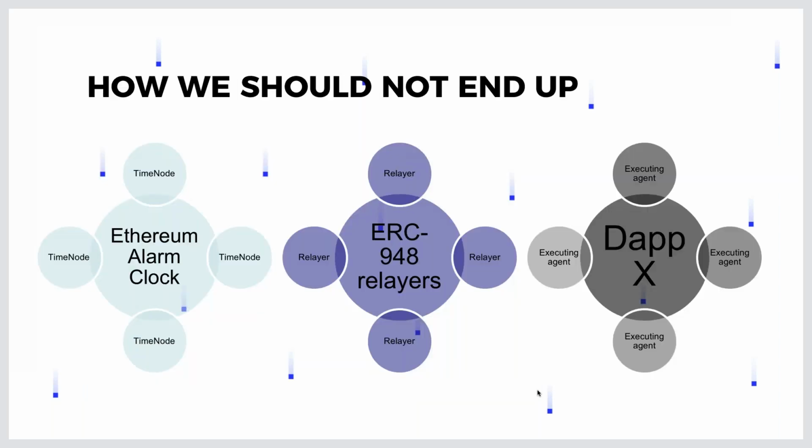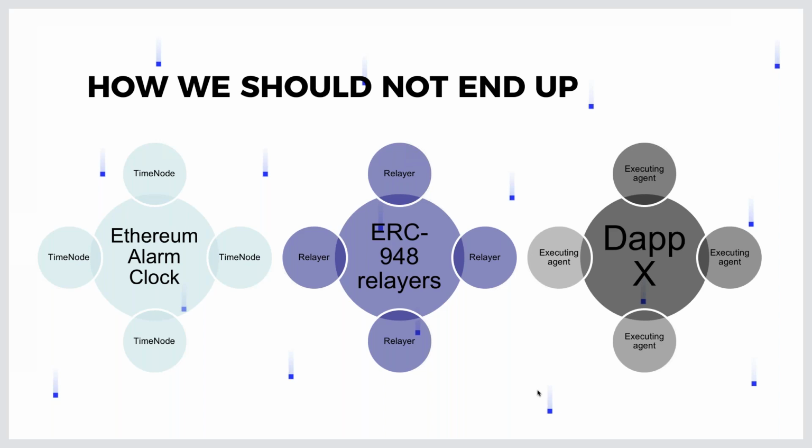So as I mentioned, there are quite a lot of projects that are going into this idea. So I think basically what we should not end up with is silos. The current situation is that the Ethereum Alarm Clock that we have has its own TimeNode network.